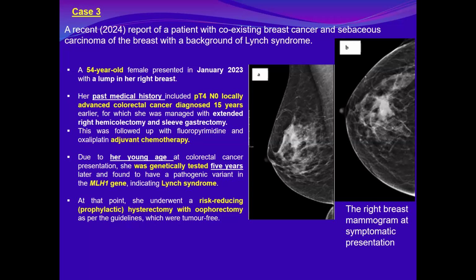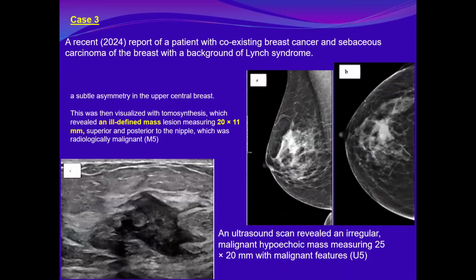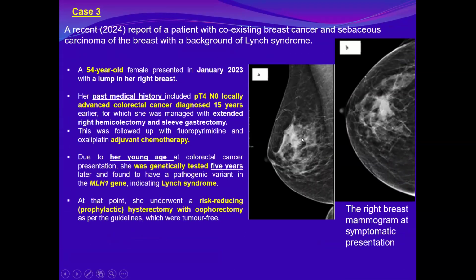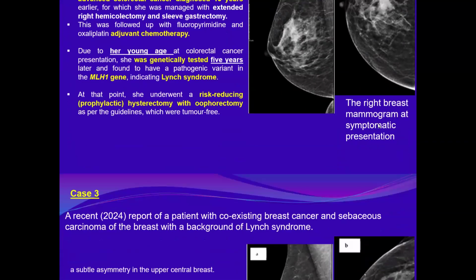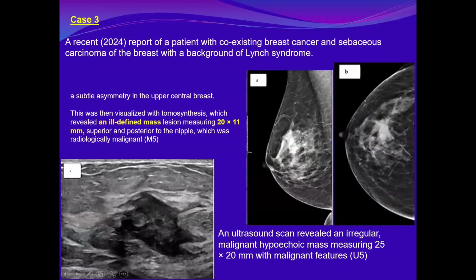Due to her young age at colorectal cancer, she was genetically tested 5 years later, found to have Lynch syndrome, and underwent risk-reducing prophylactic hysterectomy with oophorectomy as per guidelines, which were tumor-free. And here we can see the mass on mammography, and here the mass on ultrasound.